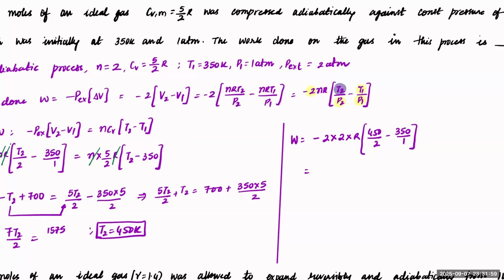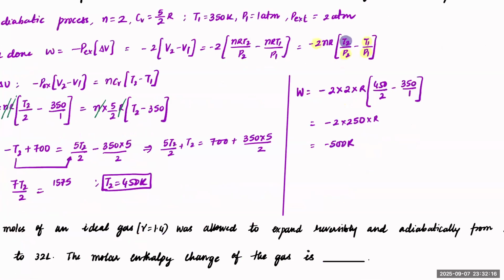The 2 gets cancelled, so 2 into 250 into R, with the denominator and numerator cancelled. So it is minus 500 R. Sorry, plus 500 R.